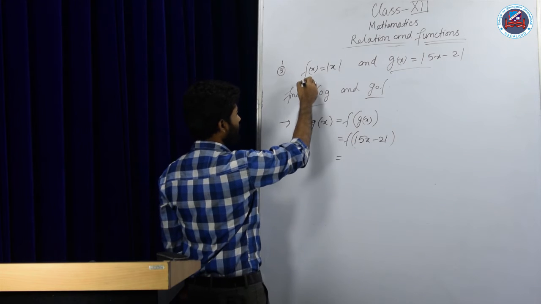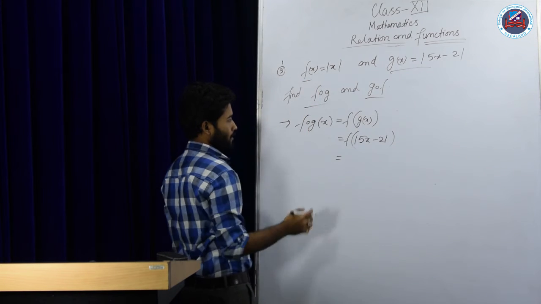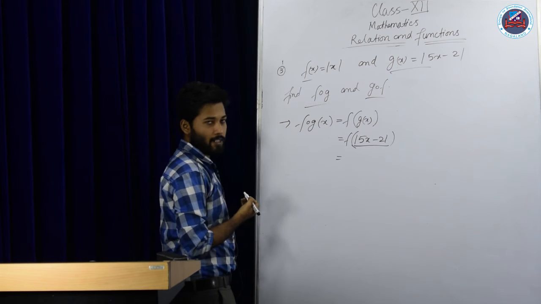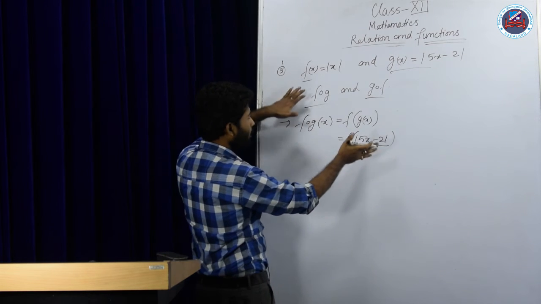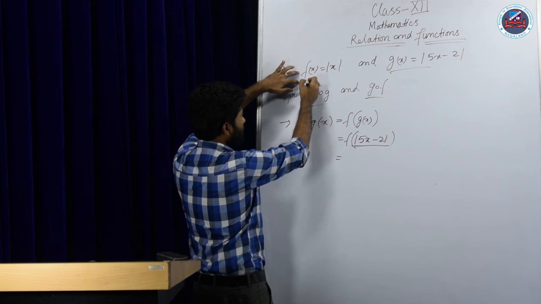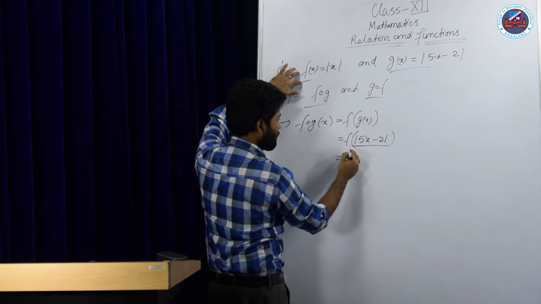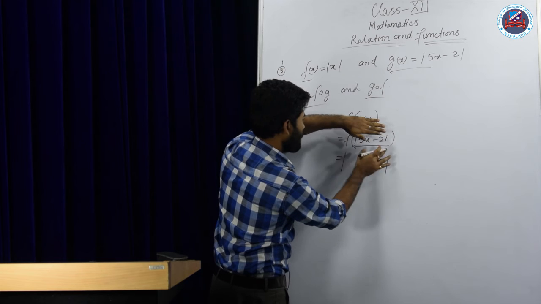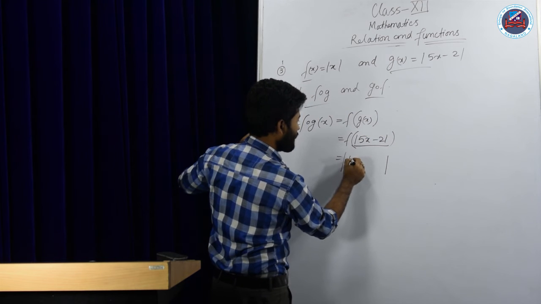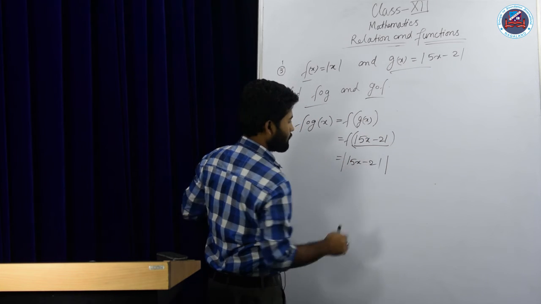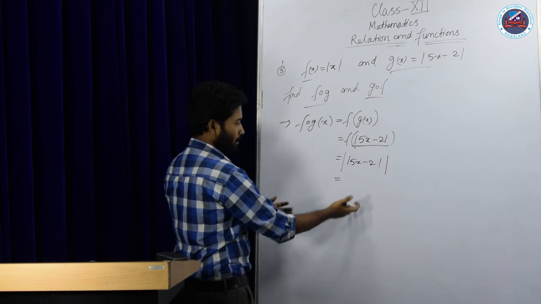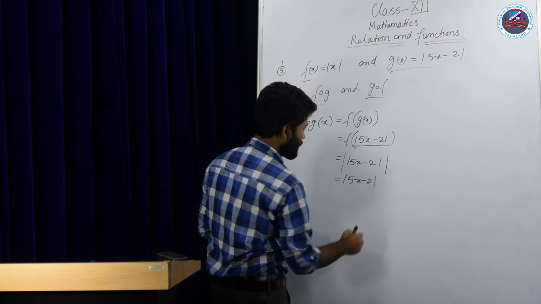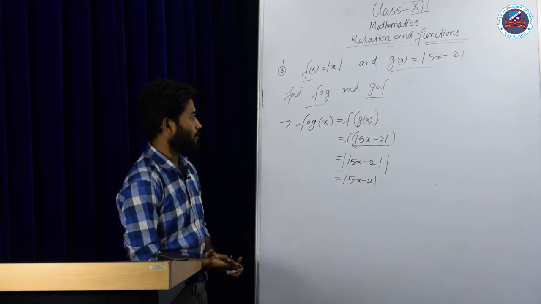Now, what is our f(x)? F(x) means mod x. So here what is our x? It is the whole 5x minus 2. Now don't get confused here. Since f(x) is mod x, just think that this is our x. So just write a mod, and whatever is here, just write it again. But mod of mod is the same thing, so we can write it is equal to mod of 5x minus 2.